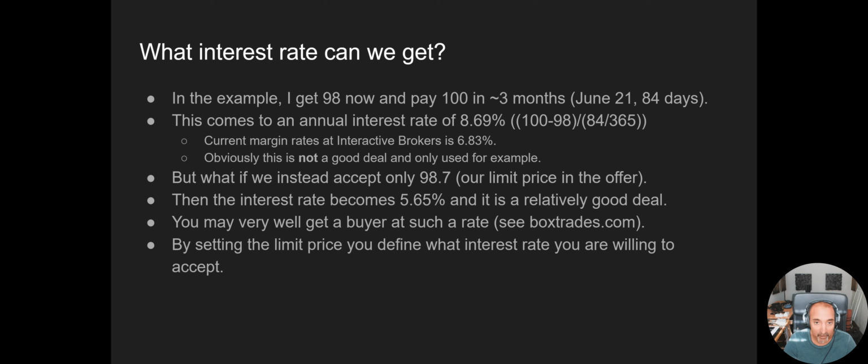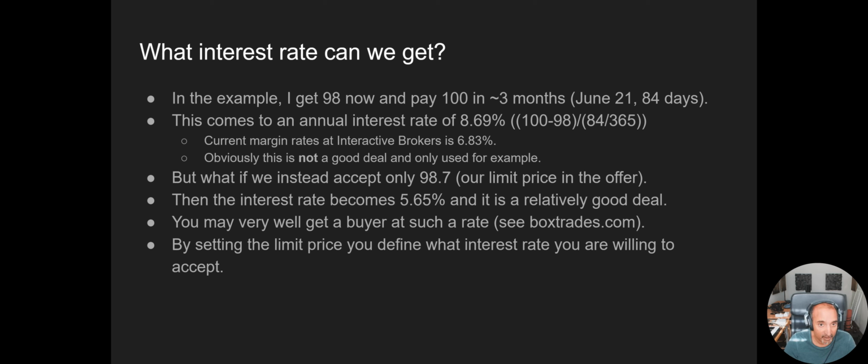When we look at this loan, we can think about what is the interest rate we're getting on this loan. So in this example, I get 98 now, and in 3 months I pay 100. June 21st is when this contract ends, and that's about 84 days from now.